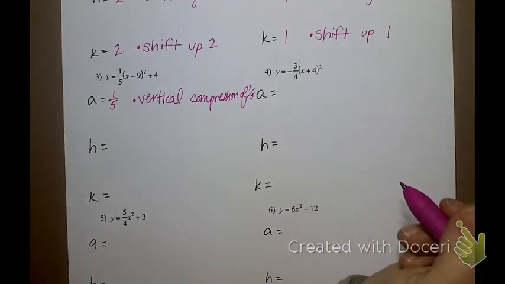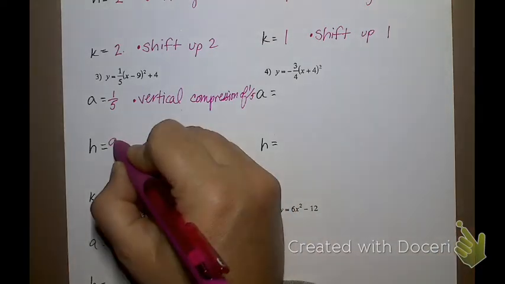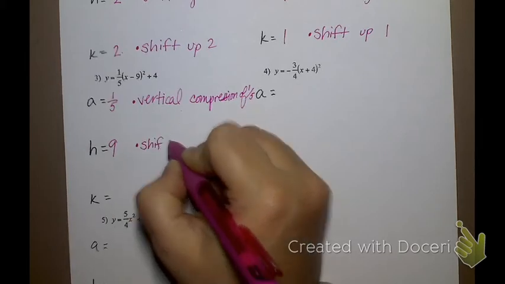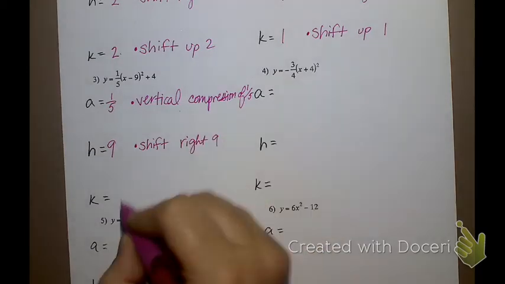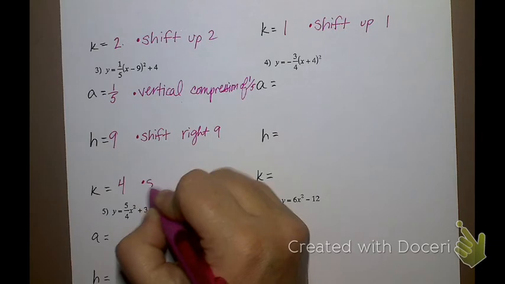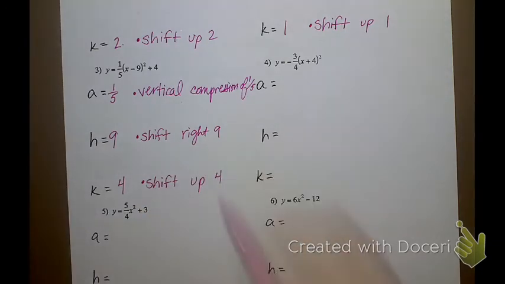All right, what is my H value? +9, which means I have what? Shift right 9. And my K value? 4. So I have what? Shift up 4. Easy peasy. Lemon squeezy.